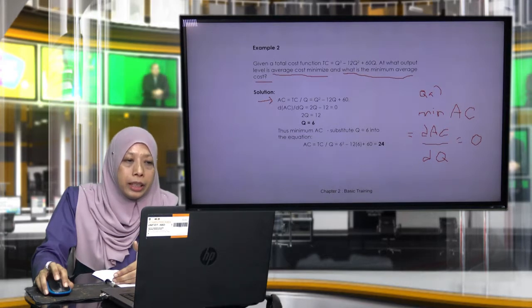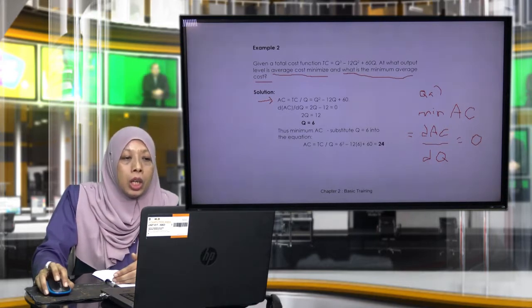Q squared is a power function, so if you differentiate it, you get 2Q. Minus, if you differentiate 12Q, using the line function, you get 12. But if you differentiate 60, which is simply a number, you end up getting 0. So what you have is 2Q minus 12.